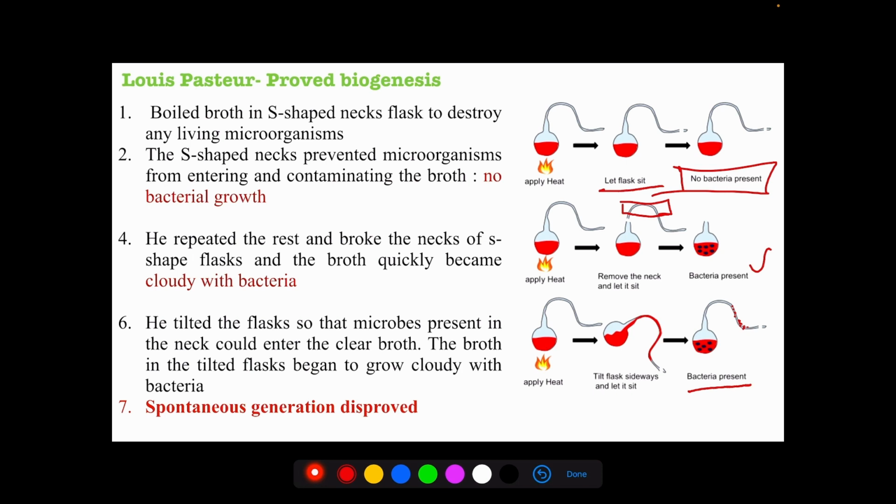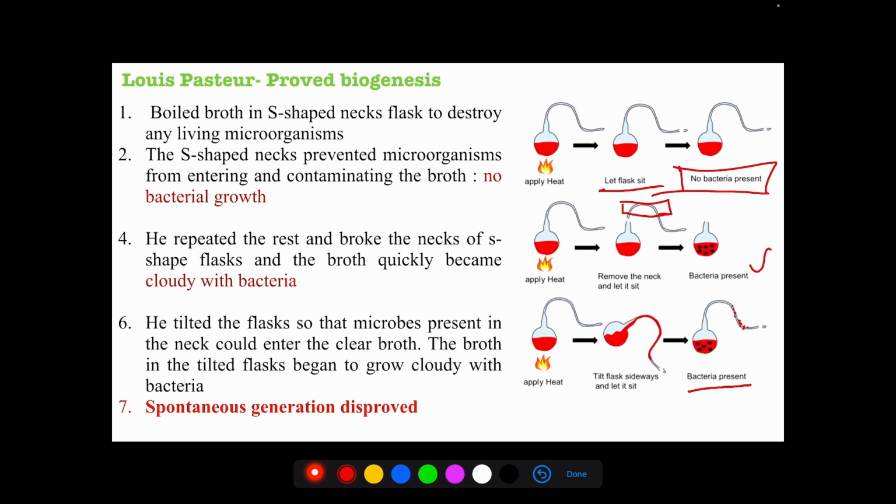And so what Louis Pasteur did was to prove that you needed microorganisms to enter in order to cause other microorganisms. So Louis Pasteur set out to finally disprove spontaneous generation.